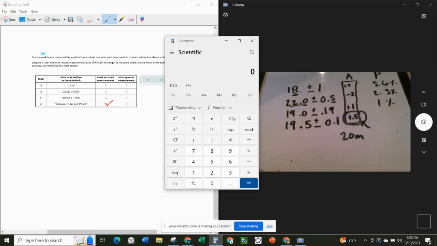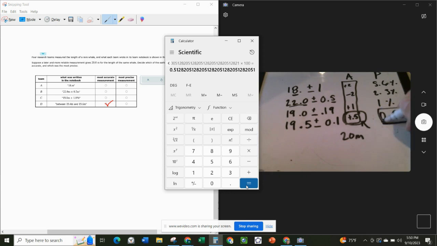And then the last one is 0.1 plus or minus 0.1. So 0.1 divided by 19.5 times 100. And that gives us 0.5% error.